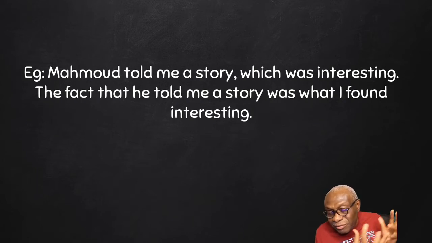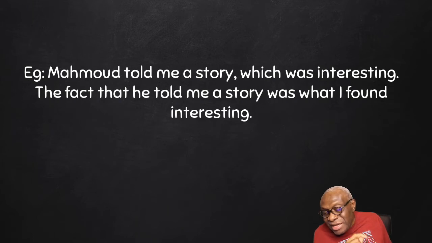That idea of Mahmoud telling me a story is what was interesting. That means interesting is representing the whole of Mahmoud told me a story. So to separate telling of the story and what was interesting, we need a comma.